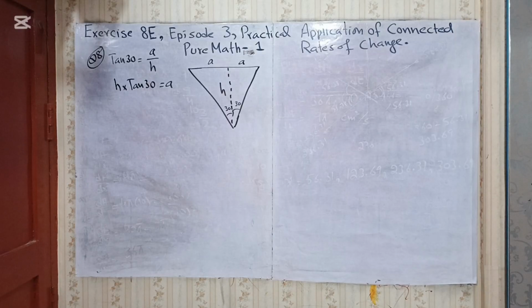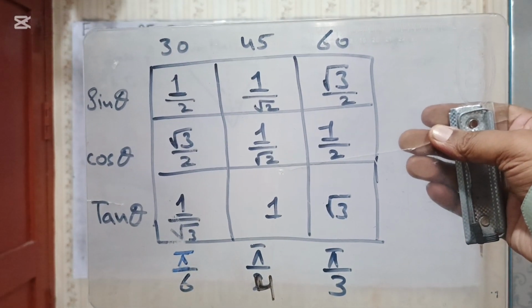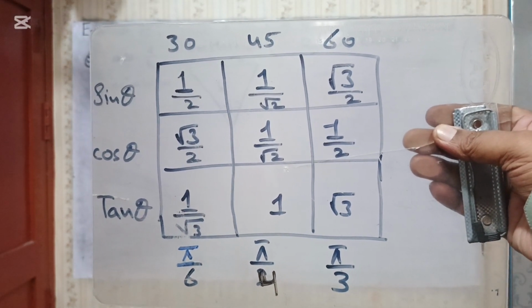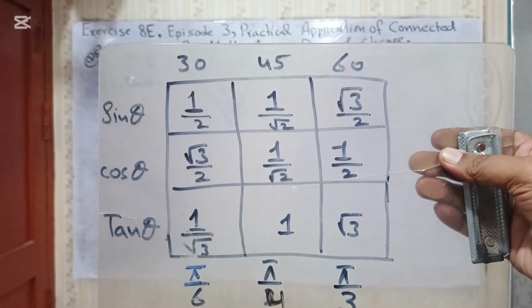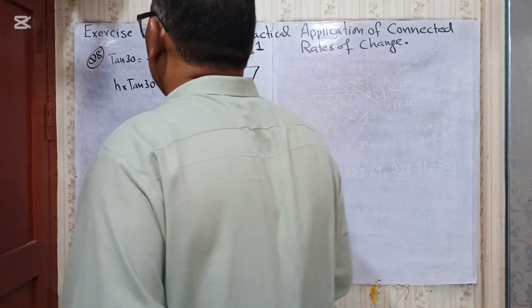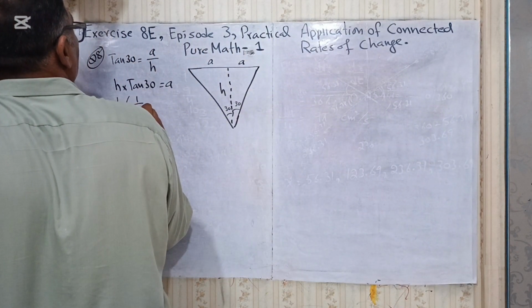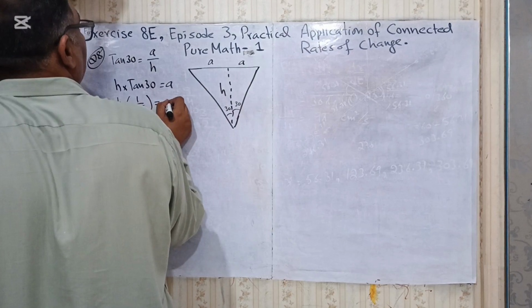So let me apply the tan first of all on it. The tan of the 30 degrees will be equal to the perpendicular by the base. So it will be h multiplied by the tan of 30, that is equal to a. Let me show you the table.